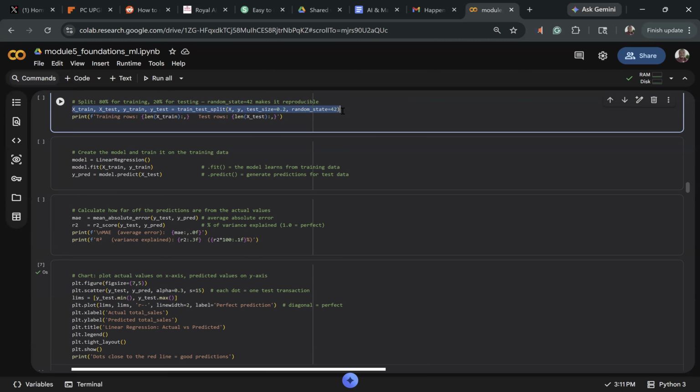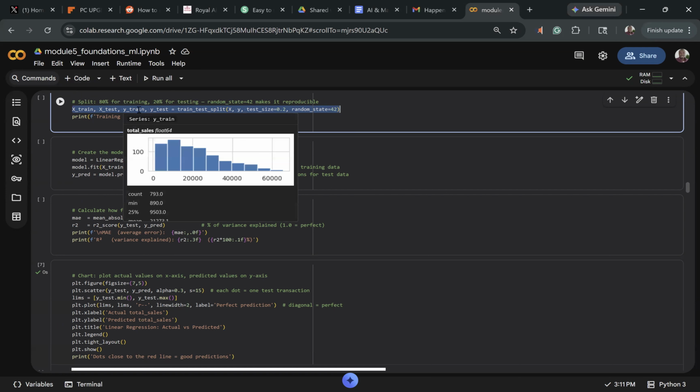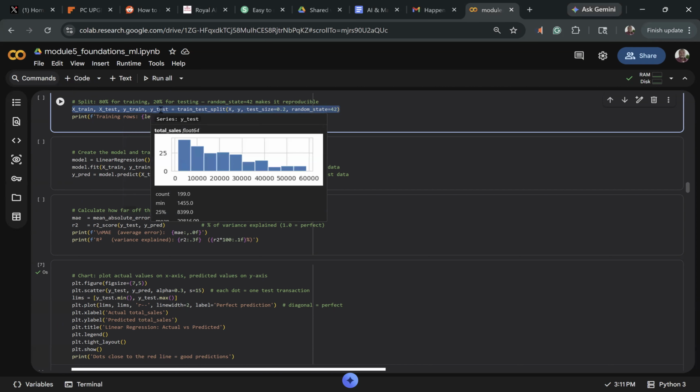For training, this is X train, which is the feature training, X test, feature testing, Y train, this is for our output, our target training, and this is for our target testing.